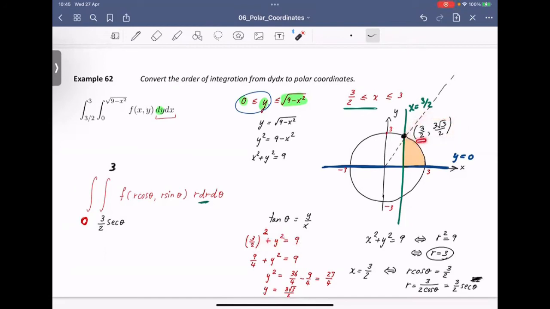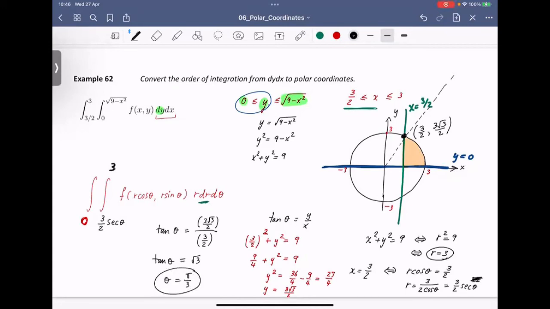So this is my x, this is my y, and then I'm gonna just plug in here, so I get tan theta equal to y, 3 square root 3/2, over x, which is 3/2. That means tan theta equal to square root 3. That means theta equal to pi/3.